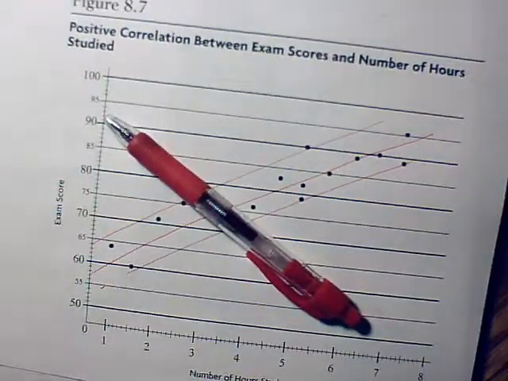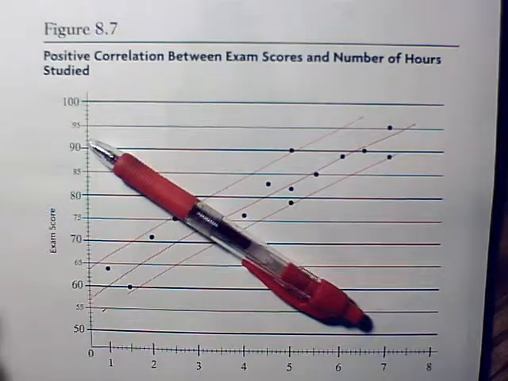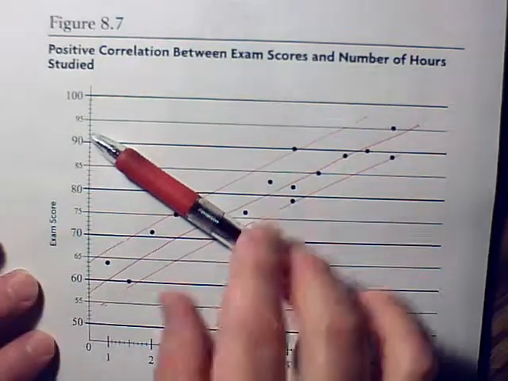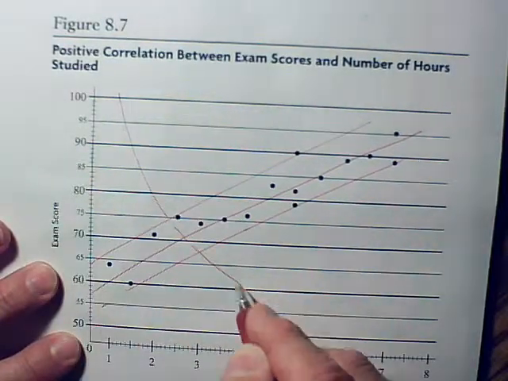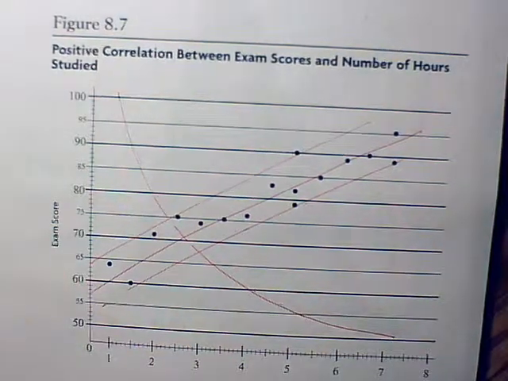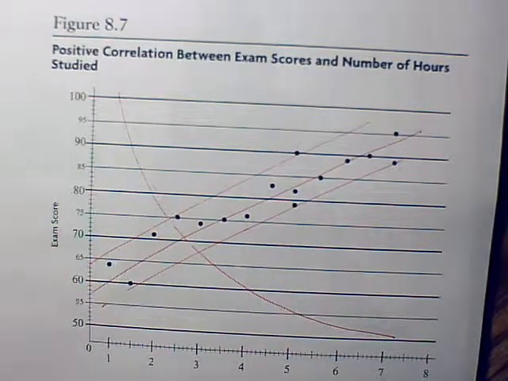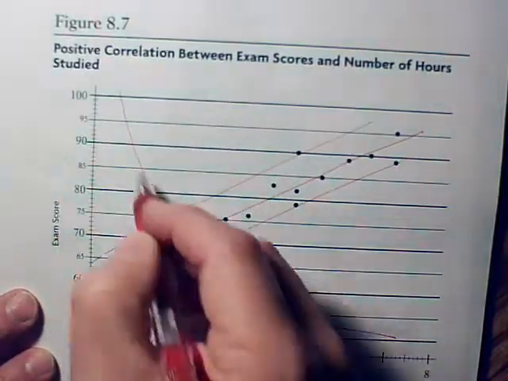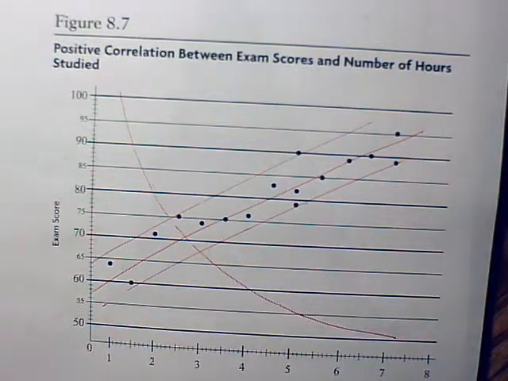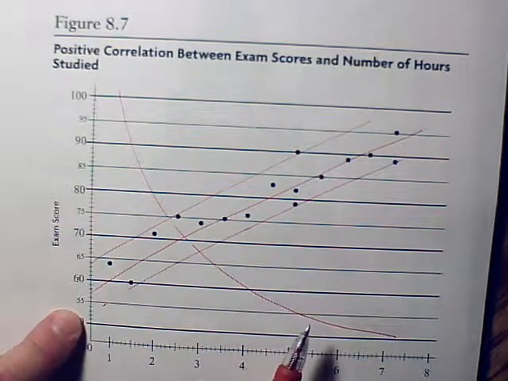Now that's different from the relationship between the two variables. If I have a set of data that looks like this, that's not a negative correlation. That's an inverse variation. This is a behavior that you often see in nature, anytime the independent variable is increasing and the dependent variable is decreasing.